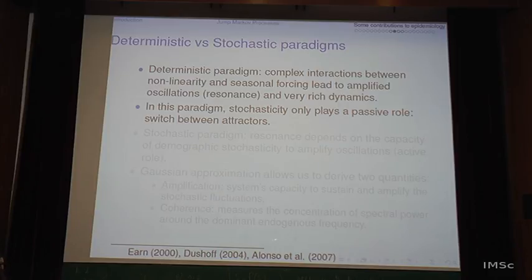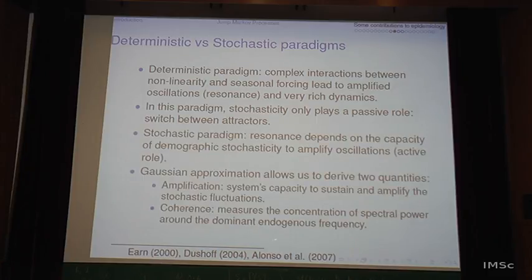In this paradigm, stochasticity just plays an external role. Imagine you have two attractors in your model, and the stochasticity just makes your system switch from one attractor to another, and that's why you might create very rich dynamics that potentially explain the change in the dynamics before and after vaccination.